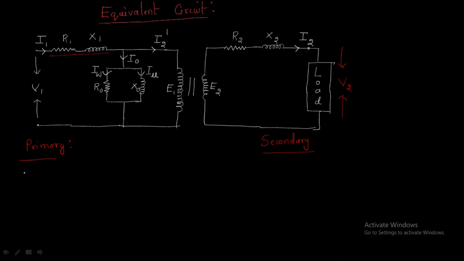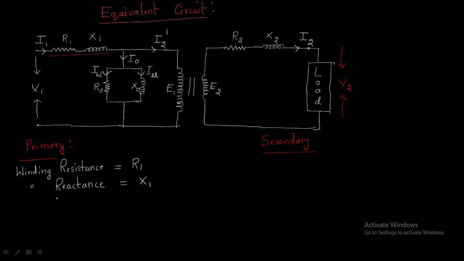Before the supply voltage, the primary winding resistance, that is R1, and the primary winding reactance, this is X1.